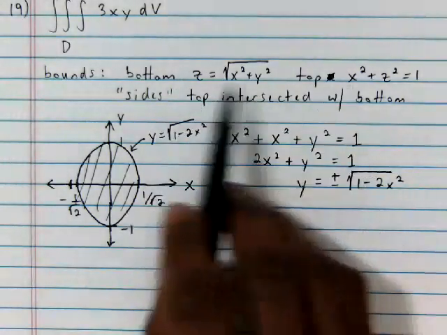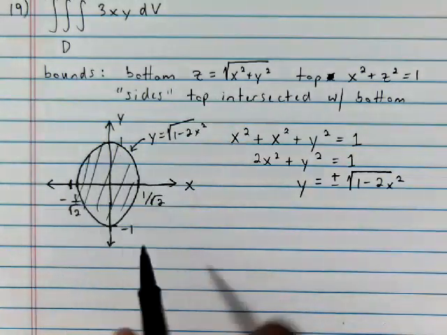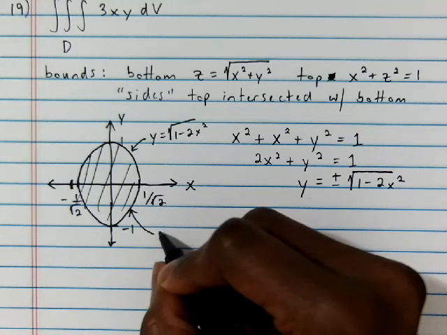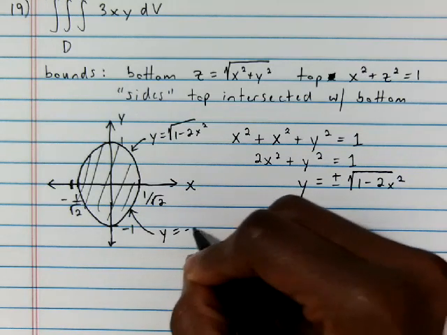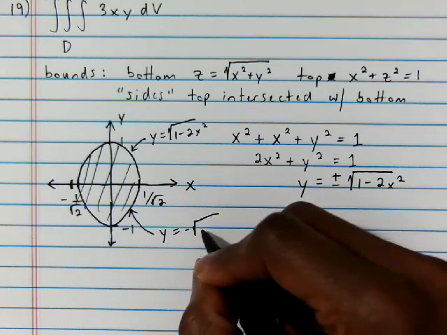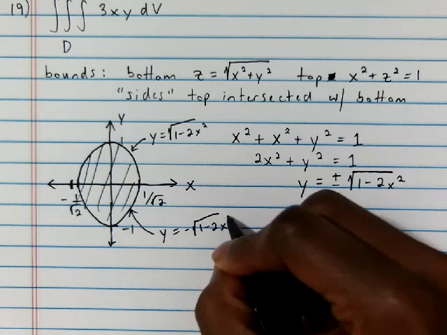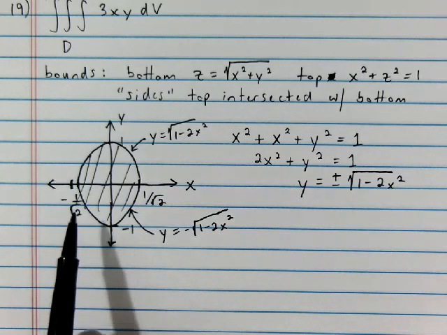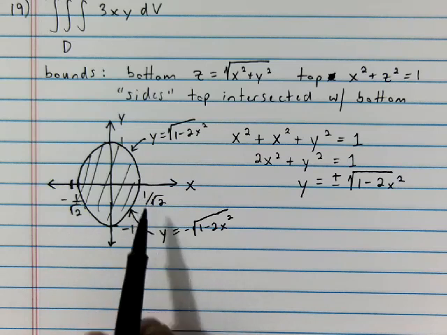And then down here, that's y equals negative square root of 1 minus 2x squared. And then we're going from constant to constant. X goes from negative 1 over root 2 to positive 1 over root 2.